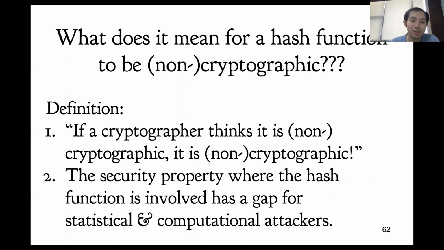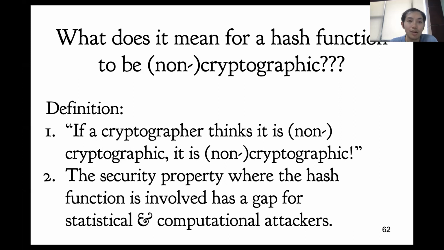Of course, we are more serious, and we explicitly give a definition for a function to be non-cryptographic. This definition is more involved, and at a high level, it has to involve that the security involving this hash function has a gap between statistical and computational attackers.